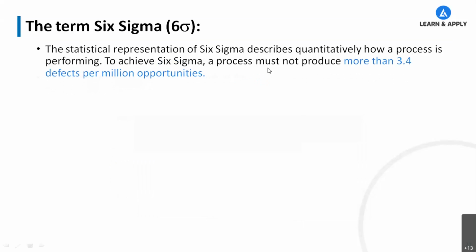It means the process must not produce more than 3.4 defects per million opportunities. For the time being, you can also call this ppm, parts per million defects. There is slight variation in that, but for simplicity, we can say there are 3.4 defects in 1 million, or 10 lakh products, 10 lakh opportunities, 10 lakh transactions.